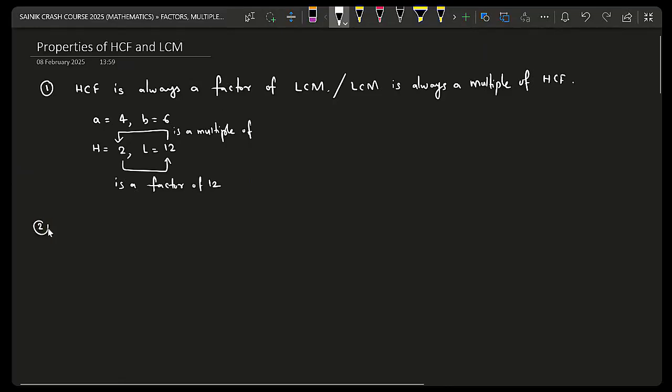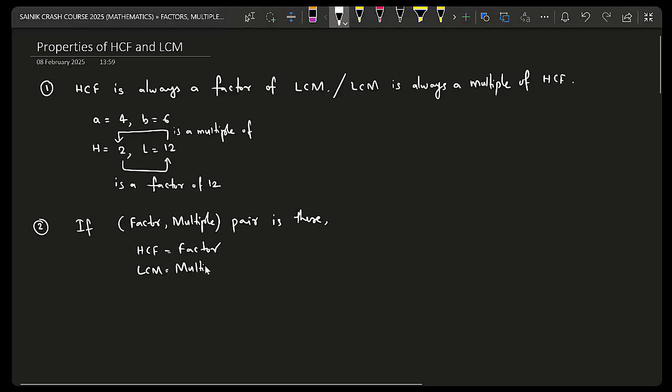The second property is: whatever pair you got, if that is a factor multiple pair, then you need not find HCF. The HCF is going to be the factor itself and the LCM is going to be the multiple itself.